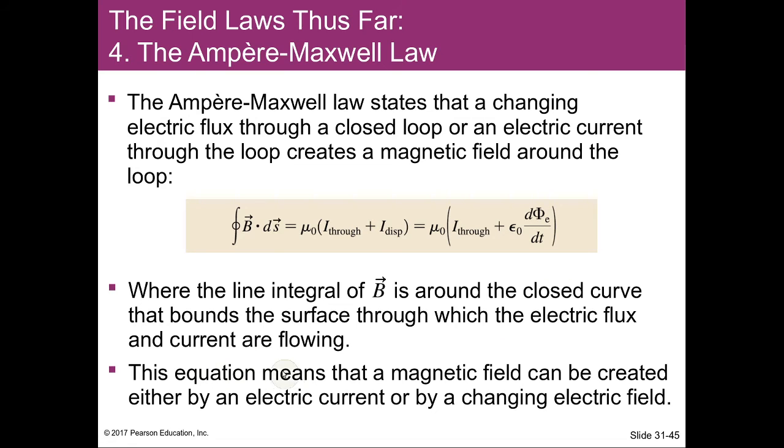And so the equation means that a magnetic field can be created not just by a current, not just by an electric current, but also by a changing electric field.